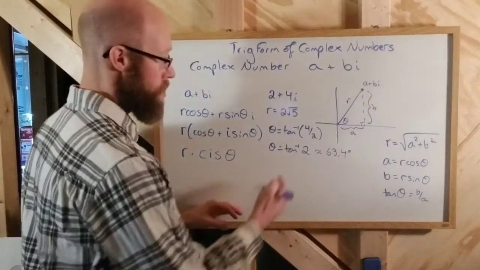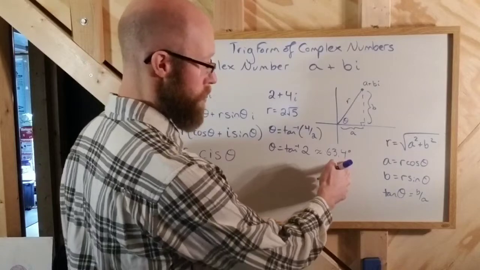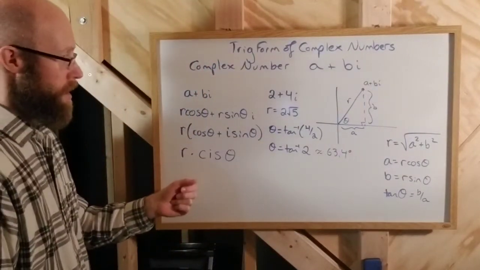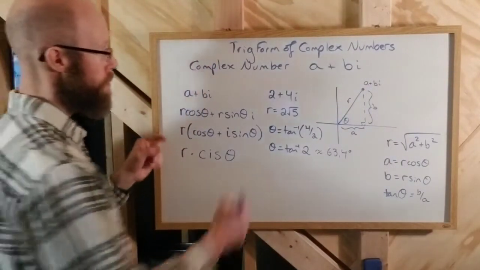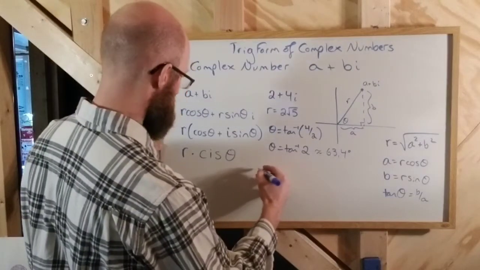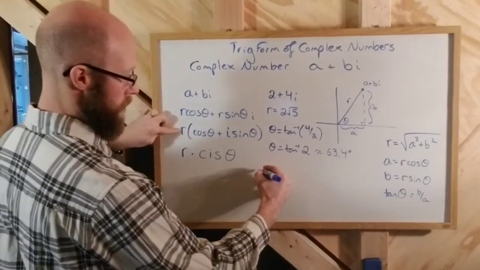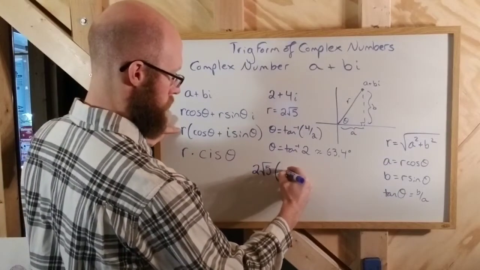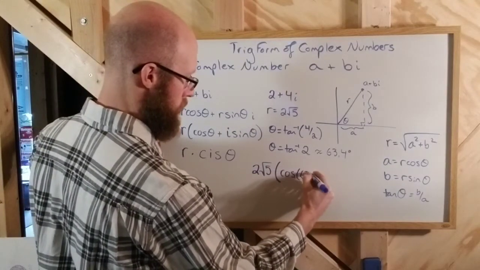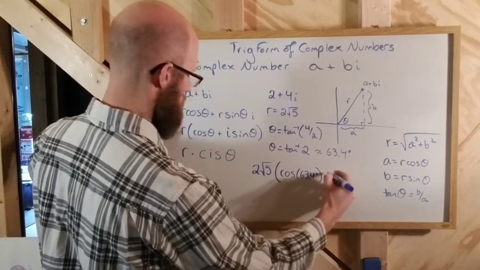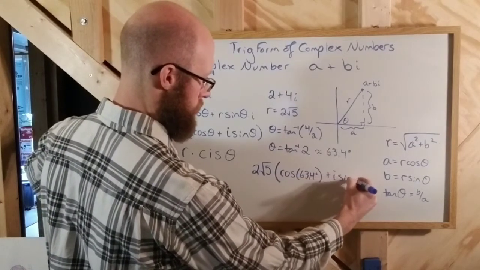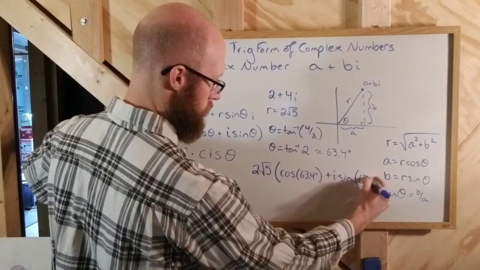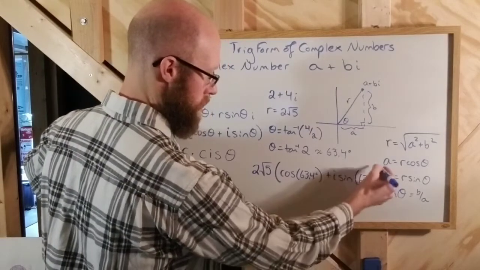Okay, so if I got 63.4 degrees, then my polar or trig form is going to be, I could write it in the longhand way, 2 root 5 times the cosine of 63.4 degrees plus I times the sine of 63.4 degrees.